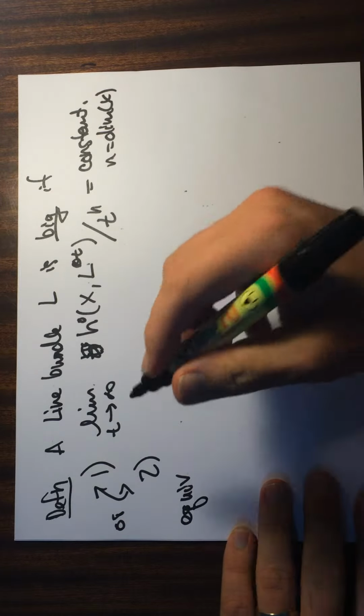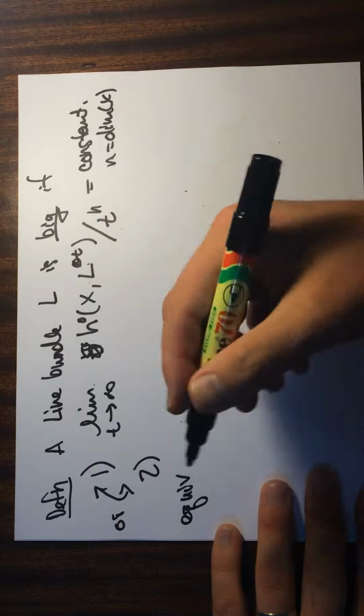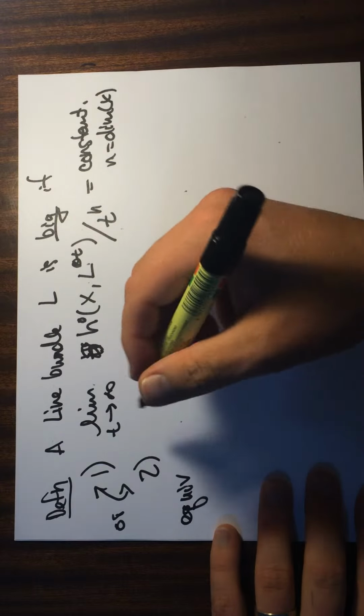The other condition says that we can look at the associated rational map.